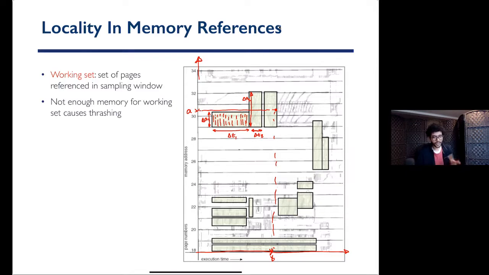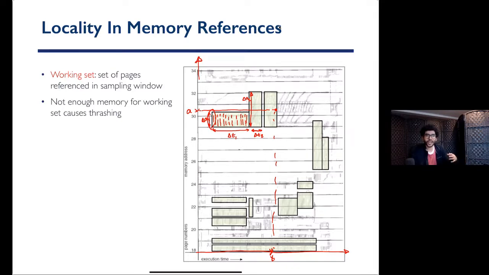Okay, how can I use this information? Well, if I allocate enough memory to bring this data to my memory, what will happen to my application's performance? Well, the performance of my application is going to be boosted.